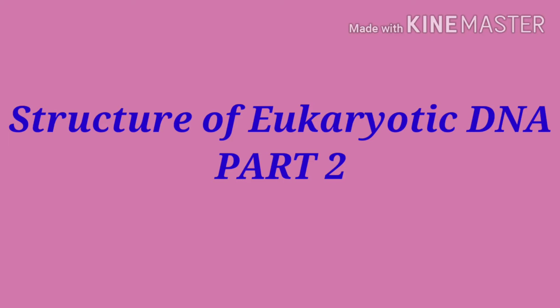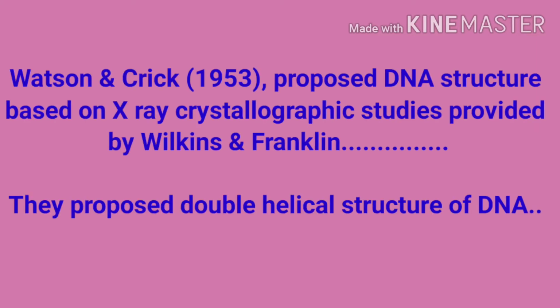Hello friends, in our previous video, that means in part 1, we saw all the chemical components of the nucleic acid, and in this video we will see the actual structure of the DNA molecule which was proposed by Watson and Crick.